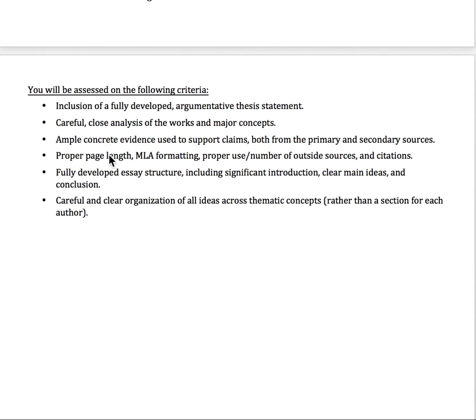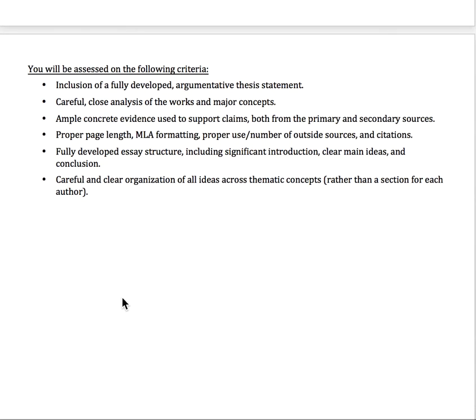All the basic requirements: proper page length, MLA, the correct number of sources and the correct type of sources, and of course, as always, citations and a bibliography. A fully developed essay structure, meaning you give me a solid intro with your thesis, clear main ideas with lots of good evidence and analysis, and a solid conclusion. And then careful, clear organization of all your ideas across thematic concepts.